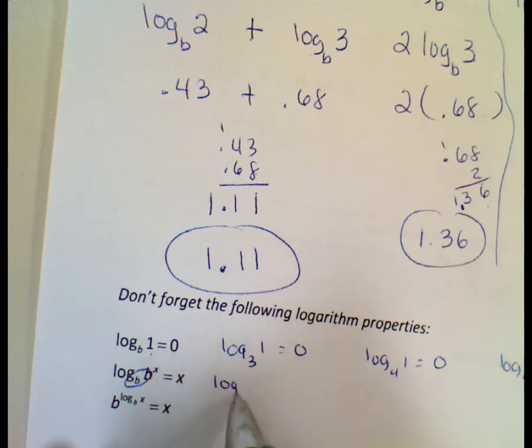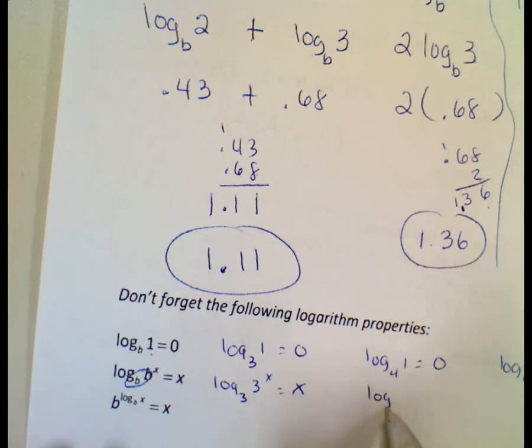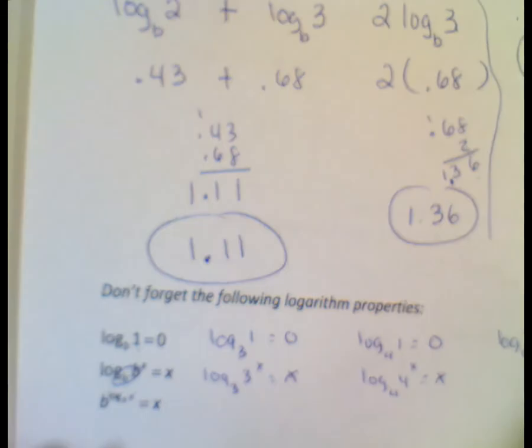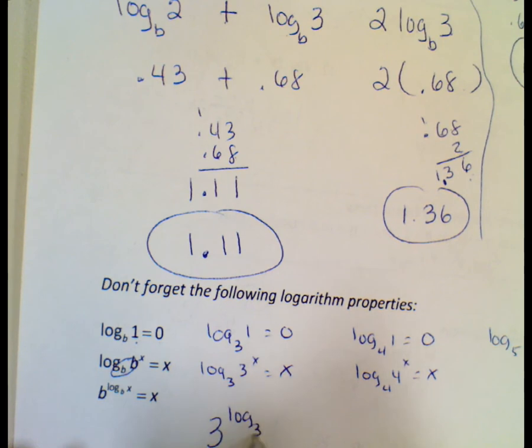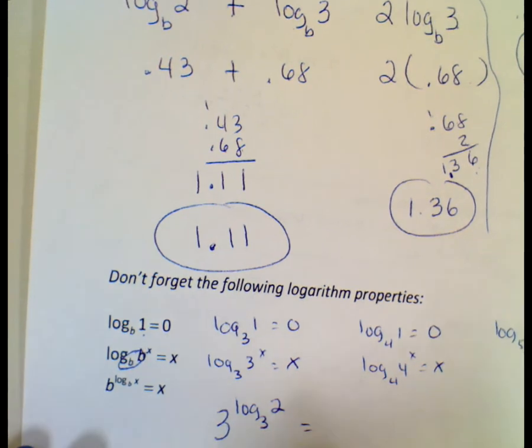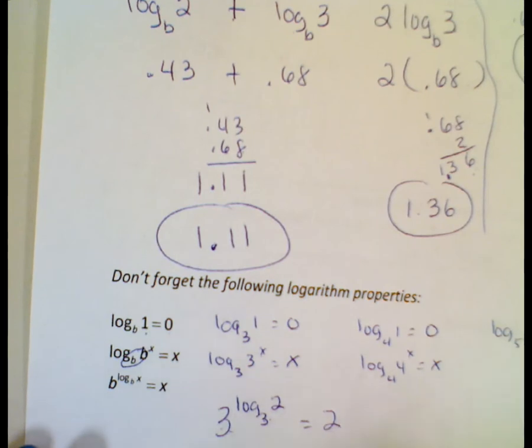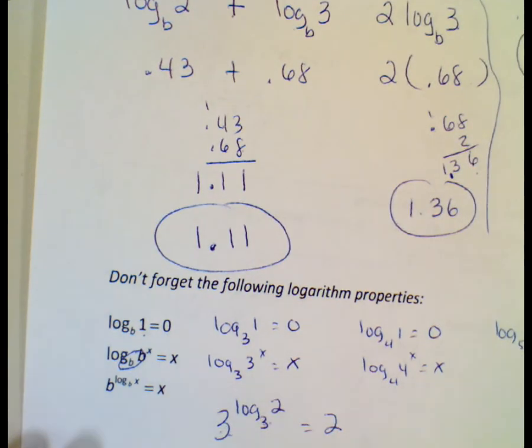So if you had log base 3 of 3 to the x, your answer would be x. If you had log base 4 of 4 to the x, your answer would be x. And if you have log base 3 of 3 to the 2, the 3's would cancel and your answer would be 2. This is just some properties from our last section.